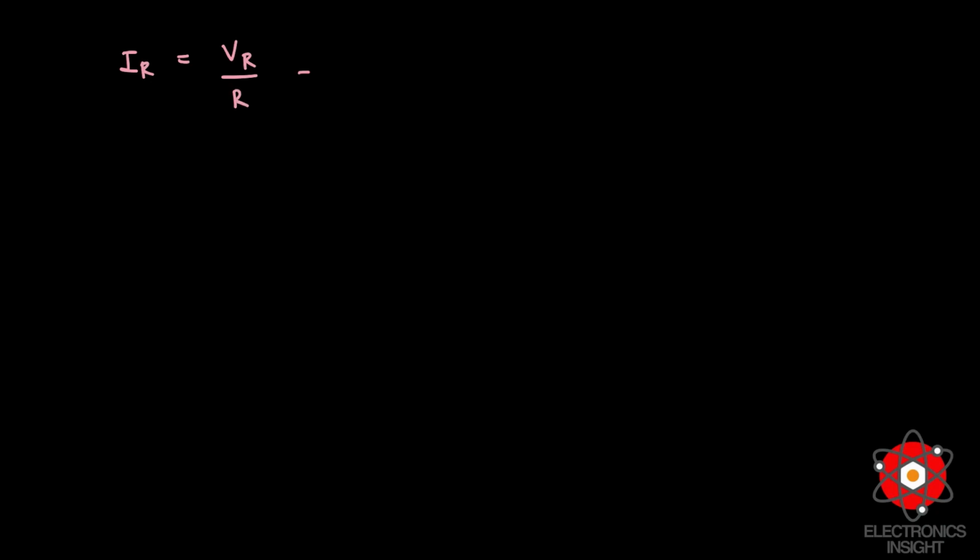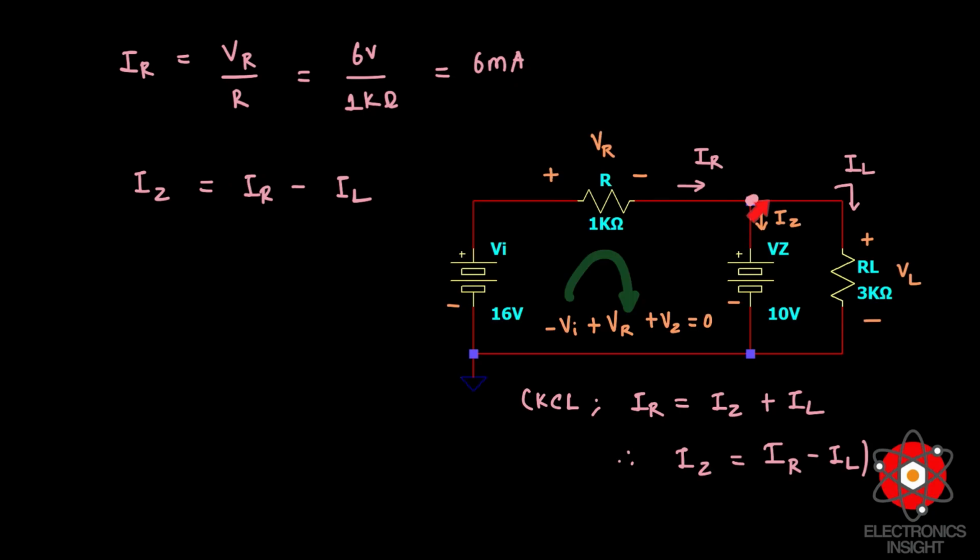Similarly, IR will be equal to VR by R. So all the values we have calculated with respect to the voltages. So it is very easy to find out the current values. So this will be 6 volt and R is 1 kilo ohm. This will be 6 milliamps, and IZ will be equal to IR minus IL because we are going to apply Kirchhoff's current law to the node. So at this junction, the sum of currents entering the junction will be equal to the sum of currents leaving the junction.